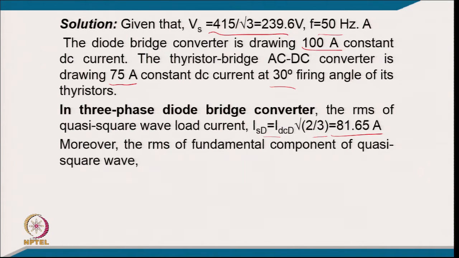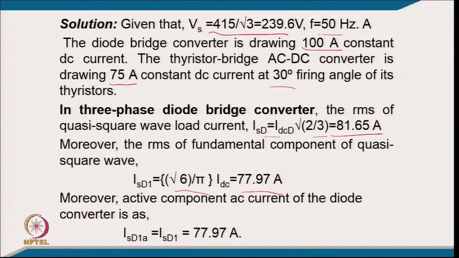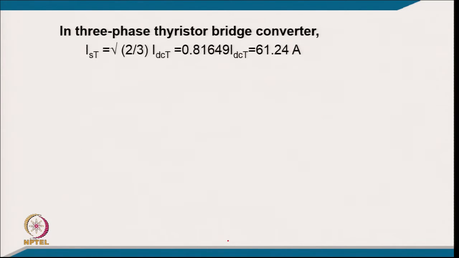Moreover, the RMS of the fundamental component of the quasi-square wave is ISD1 equal to root 6 by pi into IDC, that is 77.97 ampere. And the active component of AC current of the diode bridge rectifier is ISDA, that is ISD1, 77.97 ampere. In case of the second part of the load, the thyristor bridge converter, the IST is root 2 by 3 into IDCT, and that comes to 61.24 ampere.